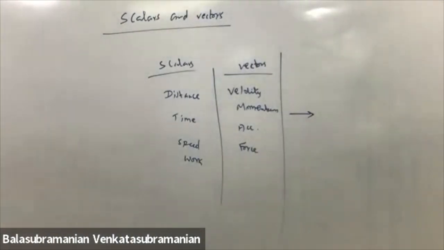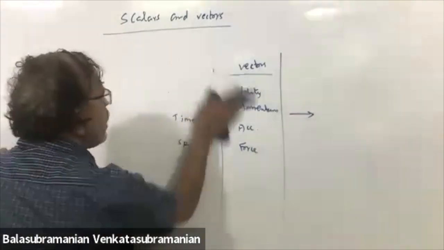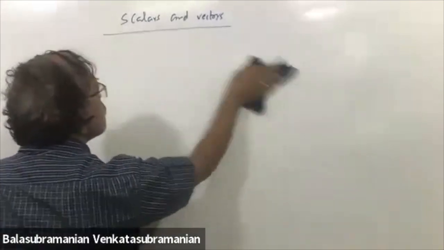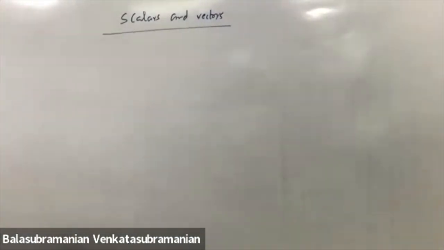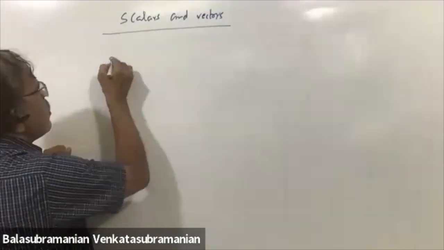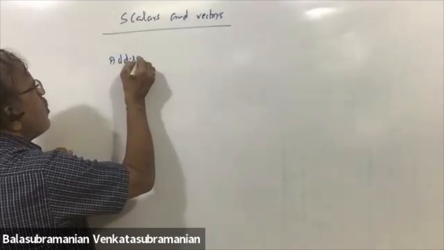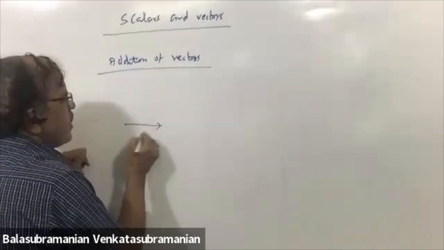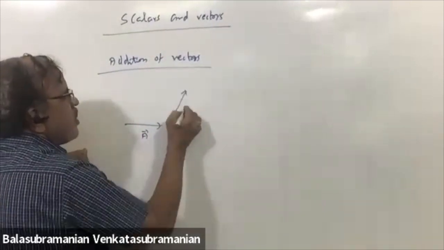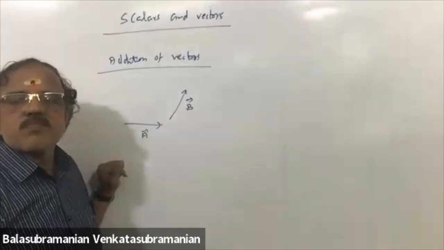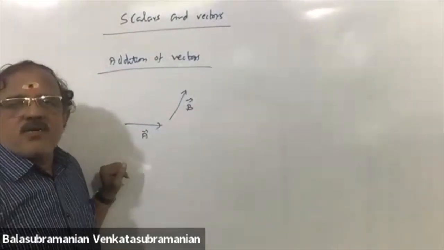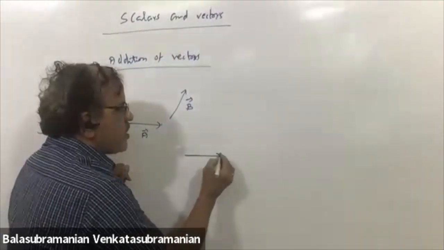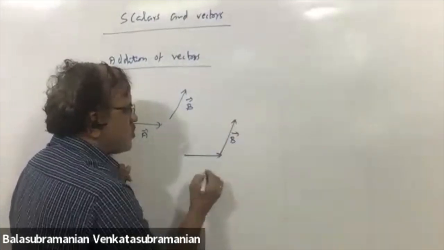What is called addition of vectors? Suppose you have vector A and vector B. I want to add them. The head of the first vector and the tail of the second vector should coincide.